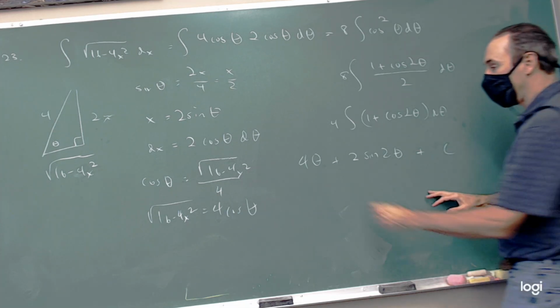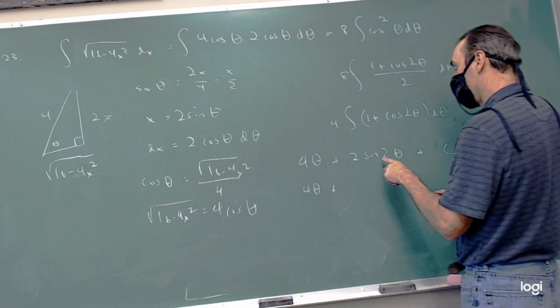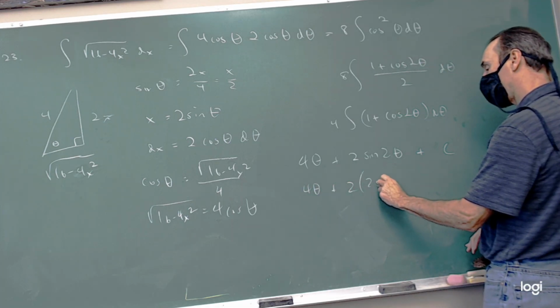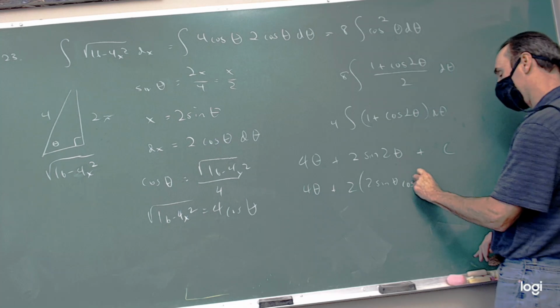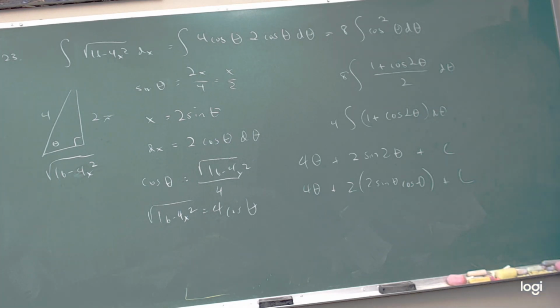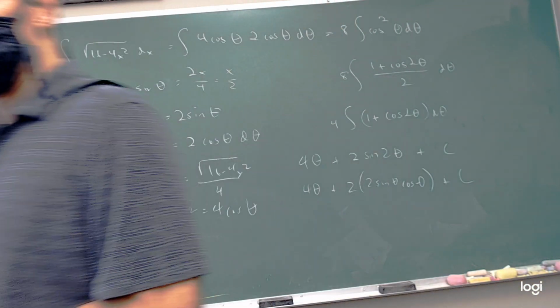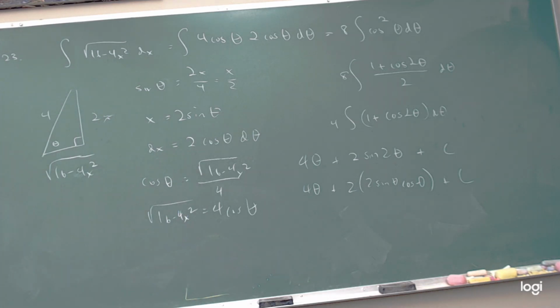But that is 2 sine theta cosine theta. Right under the title. It's sine 2 theta equals 2 sine theta cosine theta.